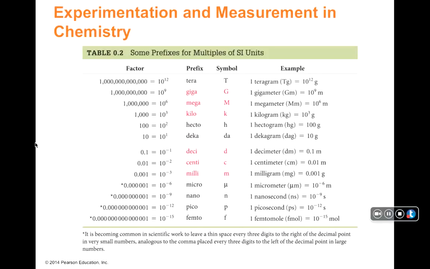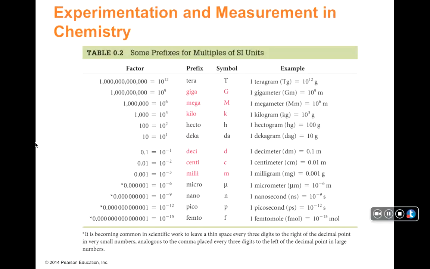That's what I mean by the main unit. And in order to do that, you just use what the prefixes mean in order to convert from one to the other. For example, there are 1,000 milliliters in 1 liter, and you can use that conversion factor to convert any amount of milliliters that you're given into liters.